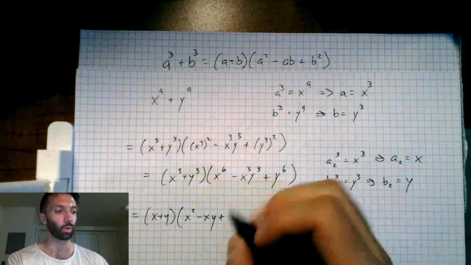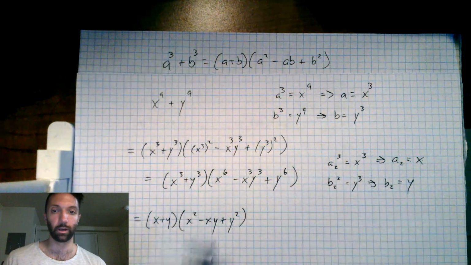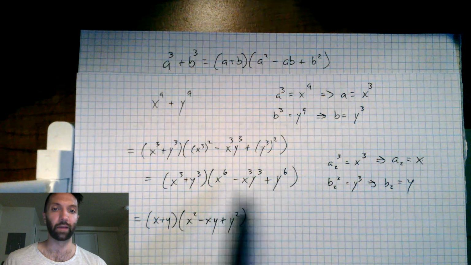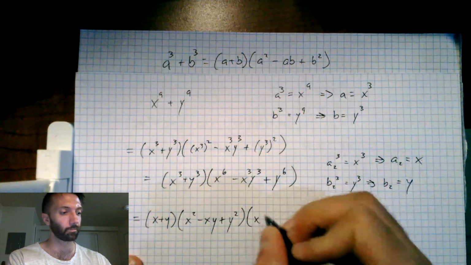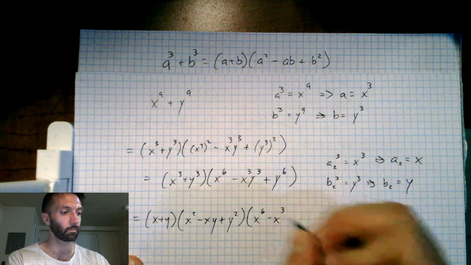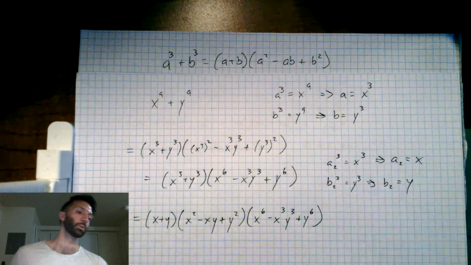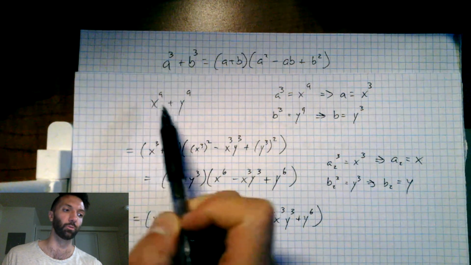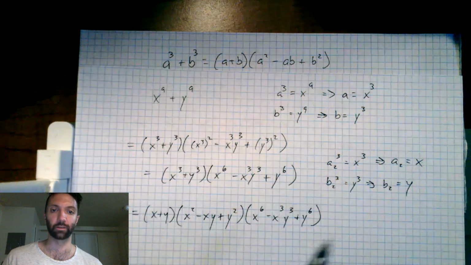Well, b is just y, so b squared. Okay, so this here is this factor factored, but now we have to recopy the second factor up here. All right, so now this here is your fully factored sum of cubes that we started with here. And here's the fully factored sum of cubes.